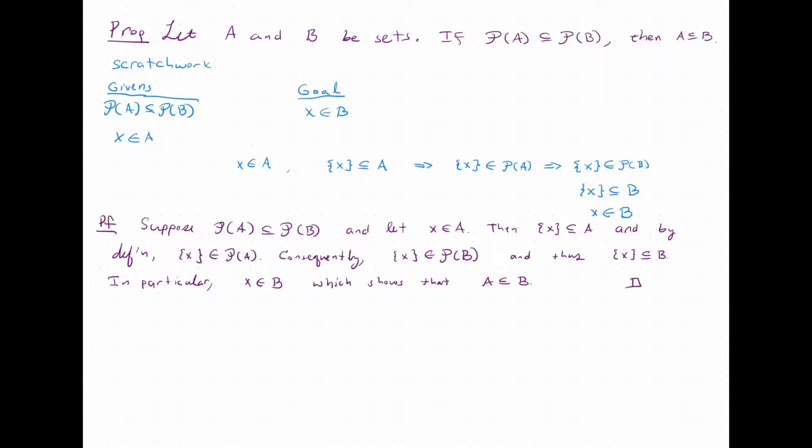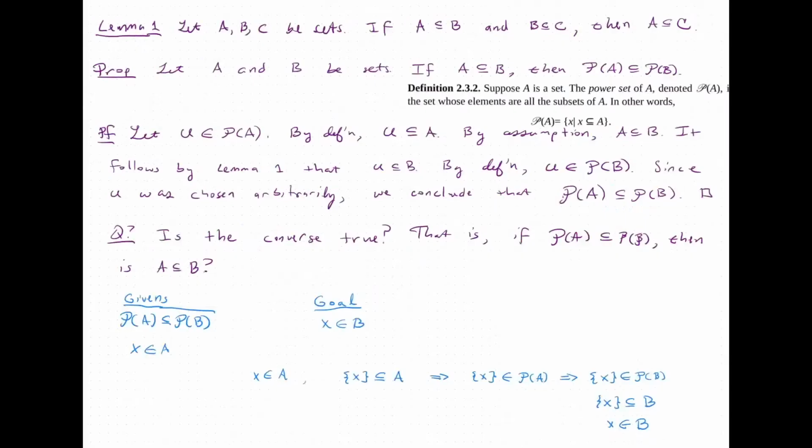Now, the proof I did here and the one that I did for the previous proposition are slightly differently worded. And so something that has been brought up in our synchronous session is, must we write down the assumptions? Here the assumption is the power set of A is a subset of the power set of B, and in this situation I opted to write it down. In the previous proof, I did not.